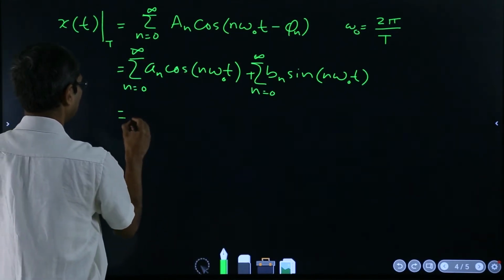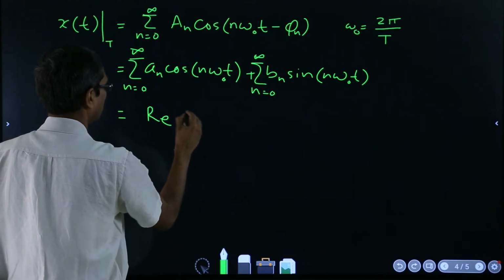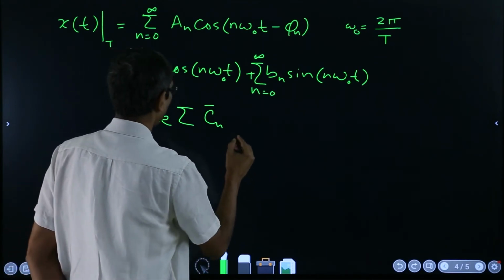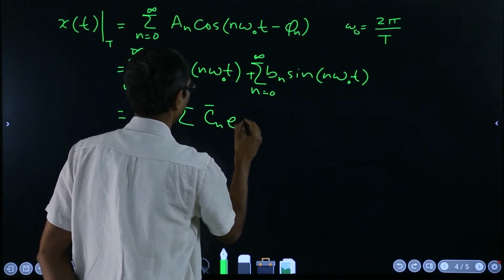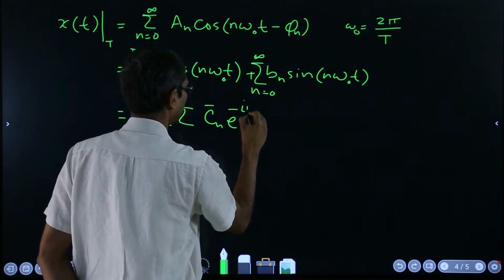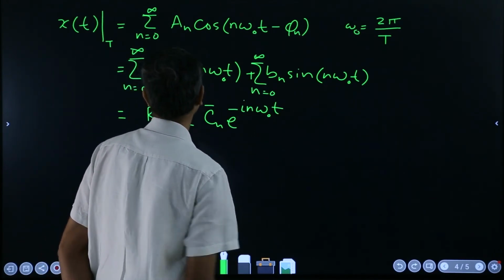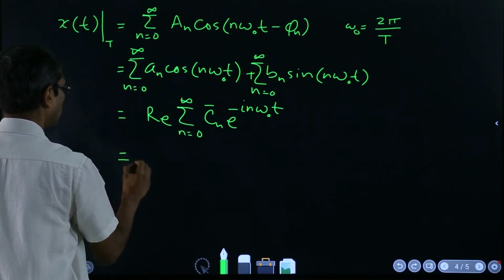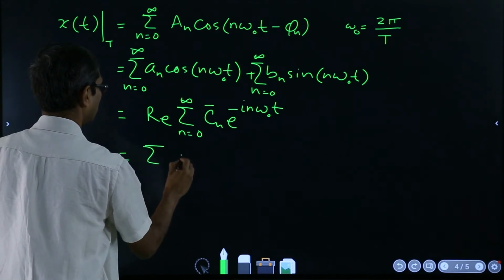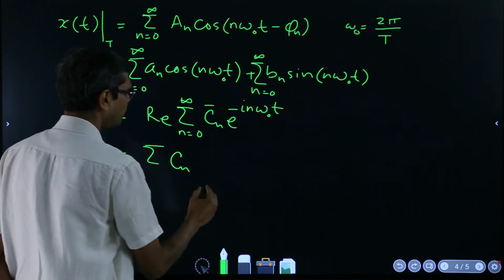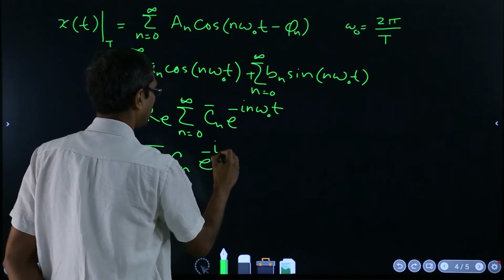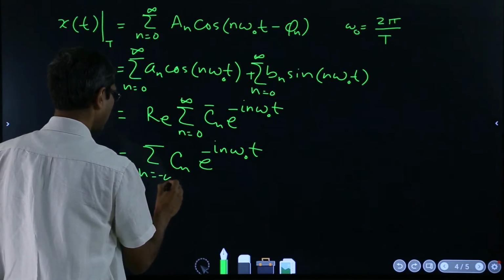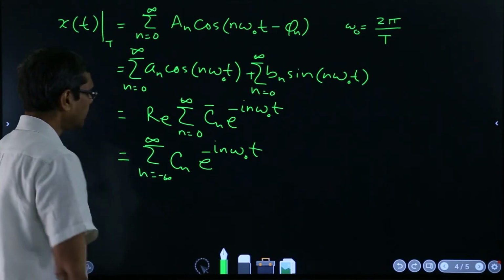So that is equal to the real part of the summation of Cn barred times e raised to minus i n omega naught t, n ranging from 0 to infinity, or you can say the summation of Cn without a bar now, e raised to minus i n omega naught t, and now n goes from minus infinity to plus infinity.